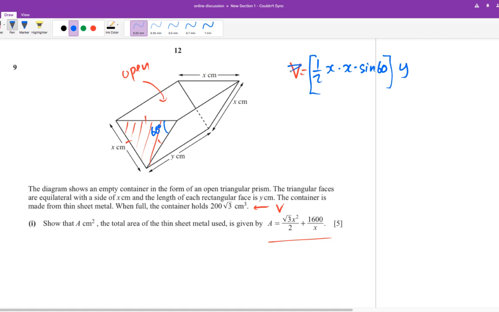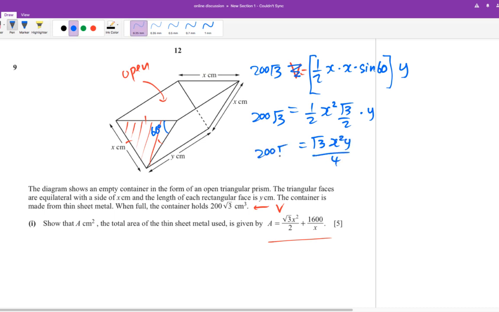Volume we already have, which is 200 surd 3. So this is half x squared sine 60, and sine 60 is square root 3 over 2, and then multiply by y equals 200 surd 3. Definitely I will need to solve this one. This one should be surd 3 x squared y over 4 equals 200 surd 3.